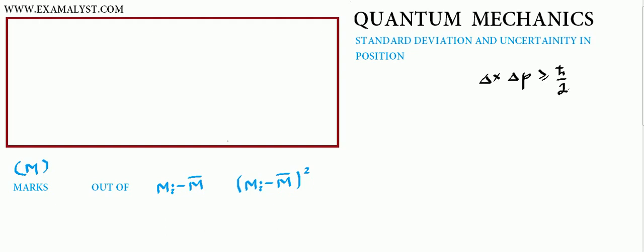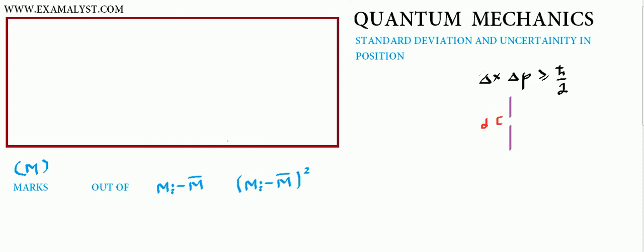Now, in the uncertainty lecture, I stated the uncertainty like this. If you are conducting an electron diffraction experiment, then the width of the slit is actually the uncertainty of the position. I have explained this in the lecture.